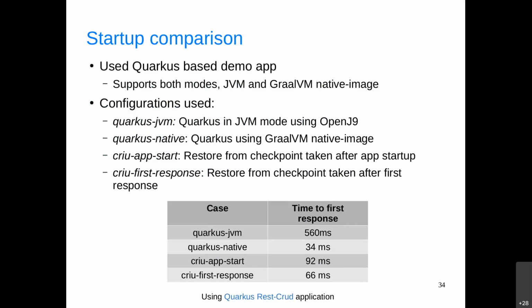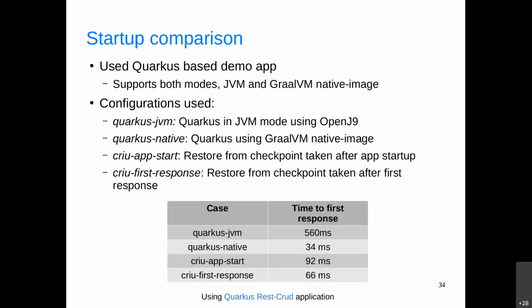Quarkus is a framework that supports execution of Java applications in both JVM mode and using GraalVM native image. For this study, we used four configurations. The first was Quarkus JVM, wherein we ran the Java application in JVM mode using jar files, and we used OpenJ9 as the JVM.